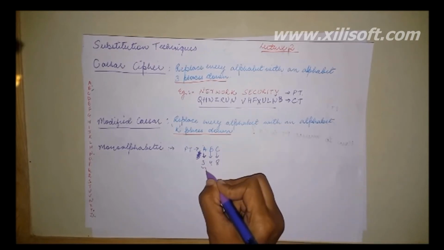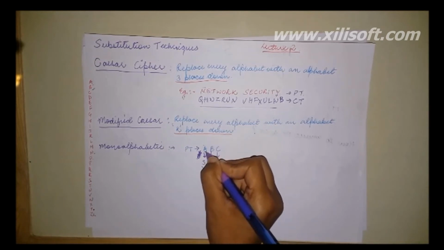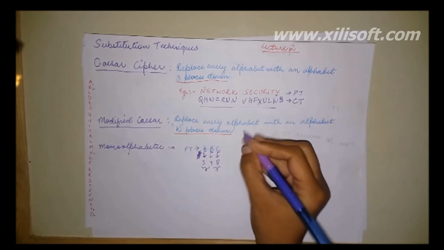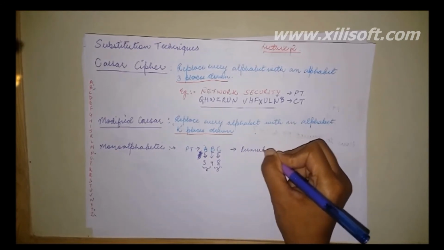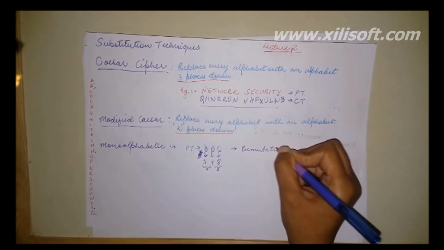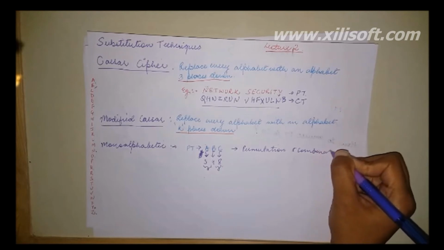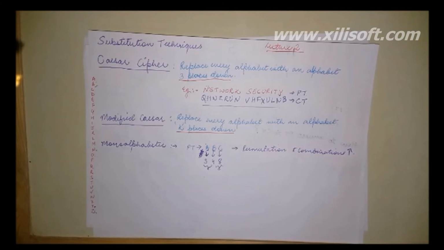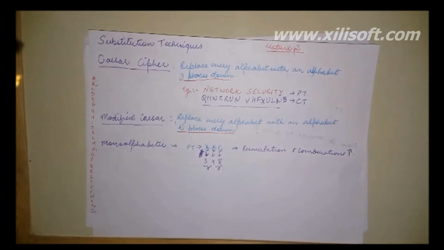There is no such relation between the replacement of the consecutive alphabets in the plain text. So it becomes more and more difficult because the permutations and combinations to crack increase drastically. So it is safer than modified Caesar cipher and Caesar cipher.